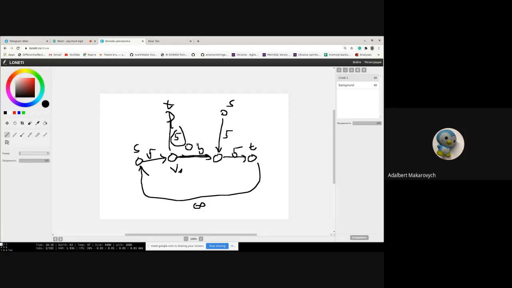Here will be 5, and we can delete these vertices. So we'll find some flow this way. Actually, it will be the minimal flow that does not violate constraints, but we can't find the maximum.